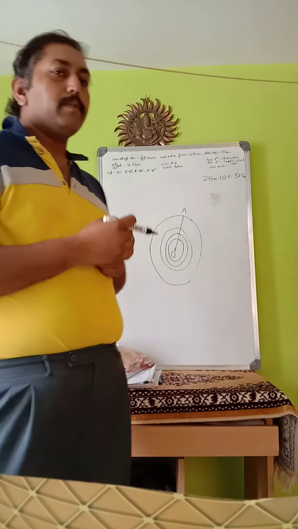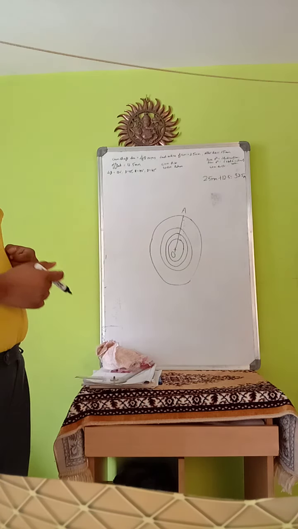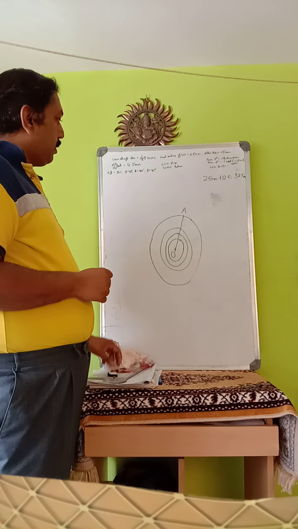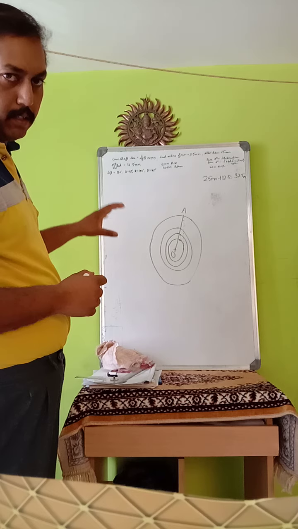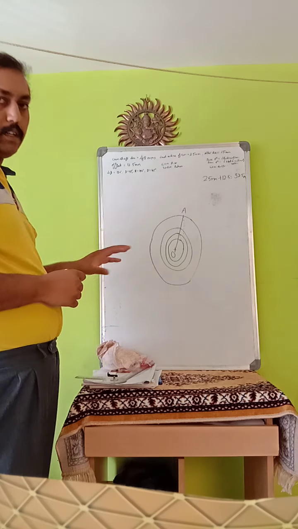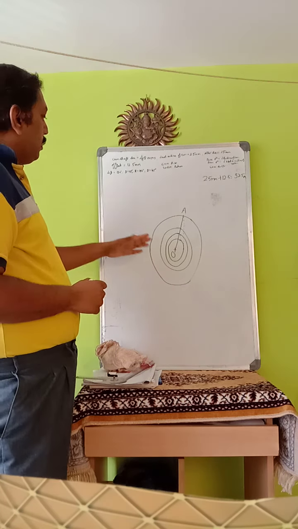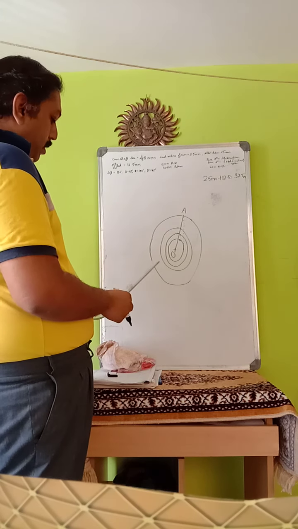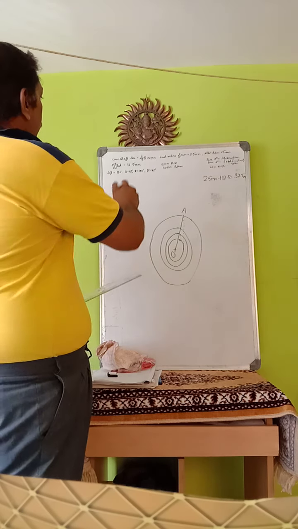Next, how to continue with the cam profile? From this we have to mark the rise, the return, and all those sectors. From OA, you have to draw the 120 degree lift.